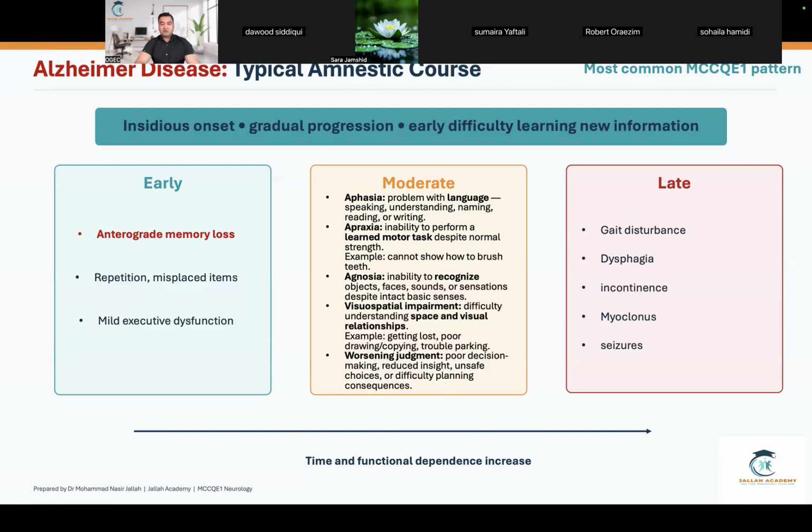Agnosia: inability to recognize an object, face, sound, or sensation despite intact basic sensation. He can see, but he cannot recognize. The ability is there, but he cannot recognize it, neither the face nor the object. And visual-spatial impairment: difficulty understanding space and visual relationships, getting lost in a familiar place.